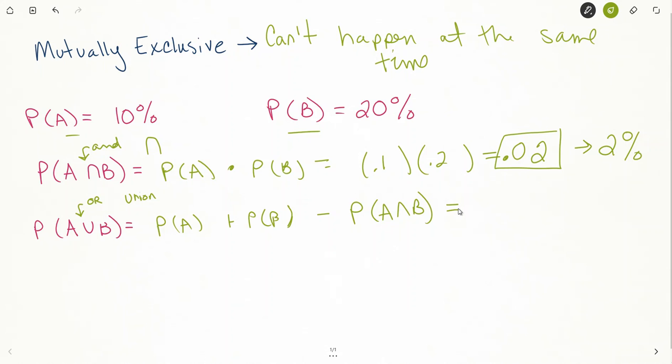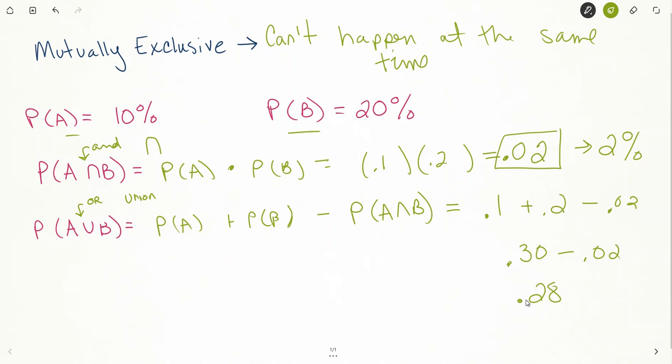Now, by the way, if the two events are mutually exclusive, then the probability of them happening together would have been 0. But in this case, the problem said that they're not mutually exclusive, so we're going to add the probability of A plus the probability of B, so that gives us 0.3, and then we're going to subtract the probability of both of them occurring together. 30 minus 2 is 28.